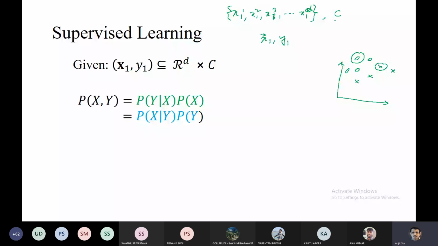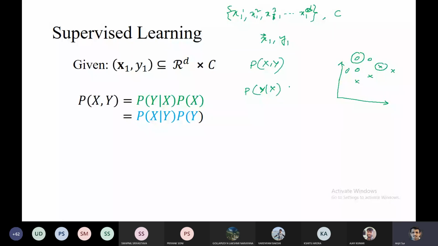Now the question is what we can do. We try to find the probability of x comma y. This is the joint probability, and by Bayes theory it can be written as P of y given x, times P of x.